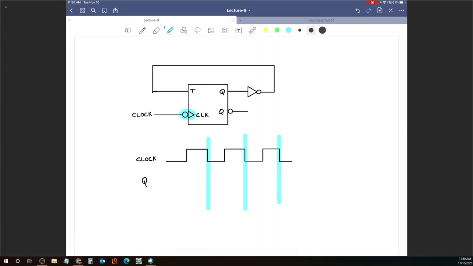So now what do we do? Let us assume that our output is a 0. If our output starts off at a 0, right here, what is going to be over here? There is going to be a 1 there, and that 1 comes back and there is a 1 here. You guys see that?